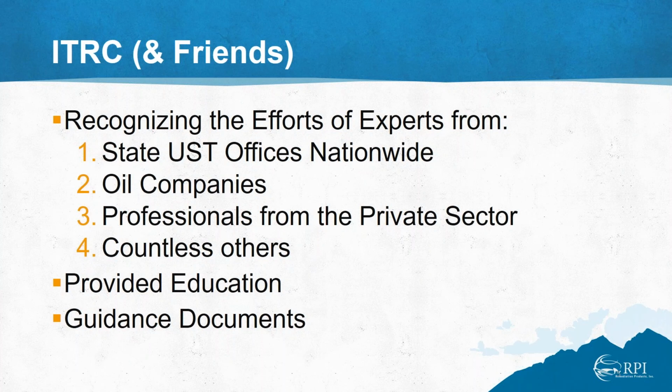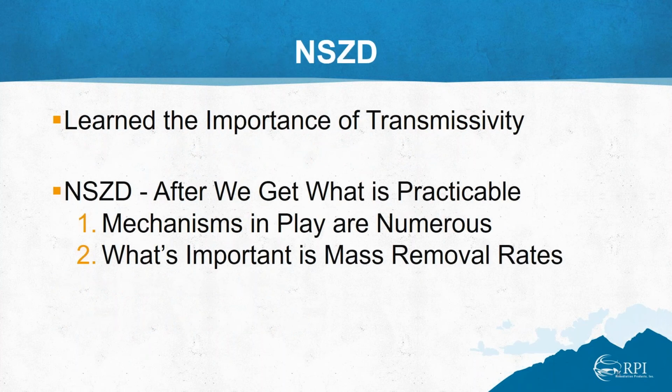So what was the ultimate result of all of this effort? They provided us education in this class, and they also provided us guidance documents. And as I think most people are aware, there are 2 guidance documents that were updated just this last year. So, natural source zone depletion. We learned in the LNAPL class about LNAPL and the importance of transmissivity.